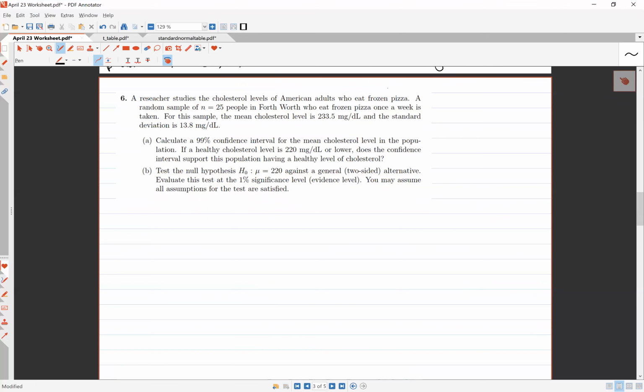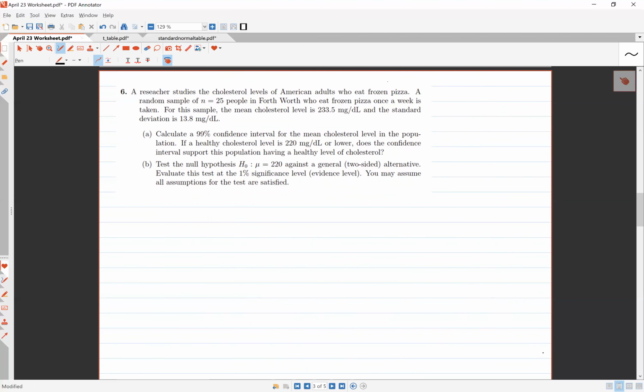So that was an example dealing with a proportion, and problem 6 is something similar, dealing with an average. Now, the good news is with the average, the standard error calculation is the same under both approaches. And so if the standard error is the same, you're not going to have these divergent conclusions.